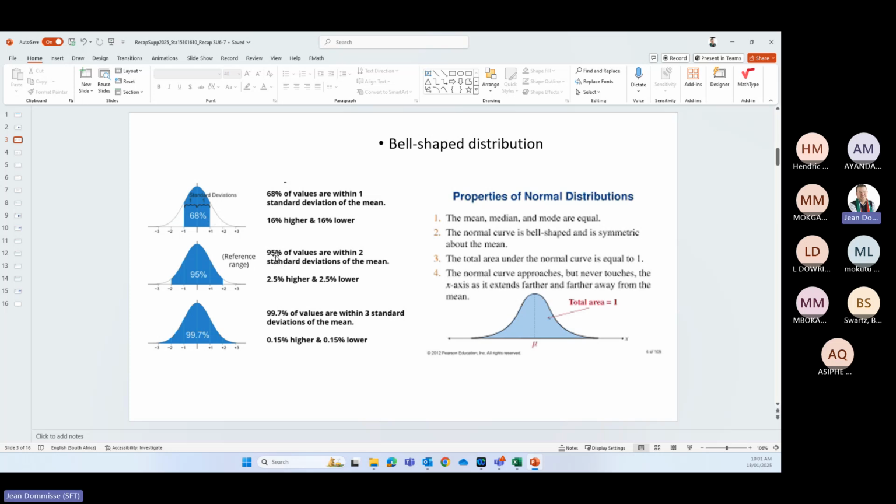When we talk about Z 1.96, so very close to 2, it's for 95%. When we talk about Z is equal to 2.58 or something like that, we talk about 99%.